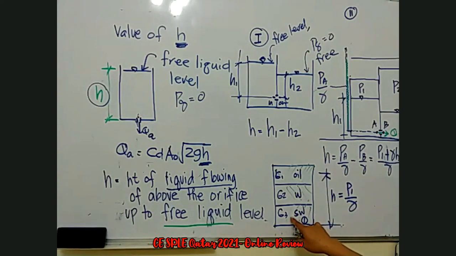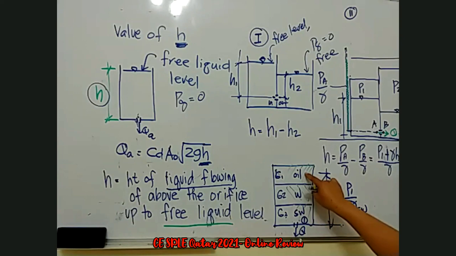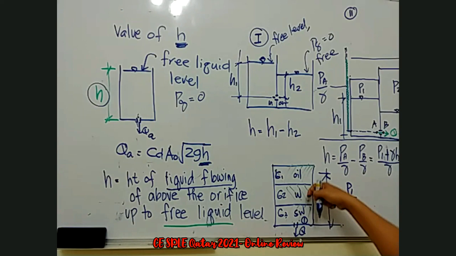Since salt water itong lumabas, whatever yung lumabas, yung gamma mo should be salt water. Pag nalumabas na yung salt water, yung water naman, i-convert mo yung taas in terms of water. Simply, P1 kung anong pressure dito, divide mo lang ng gamma nung water o yung liquid na lumalabas.